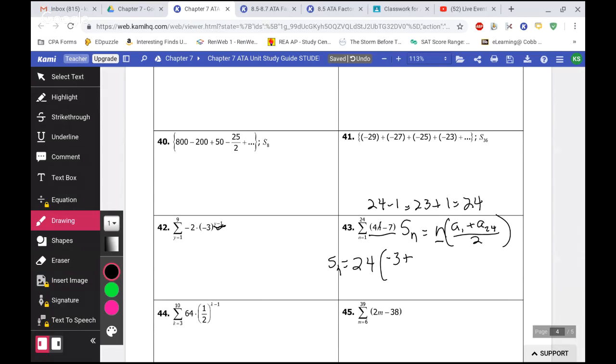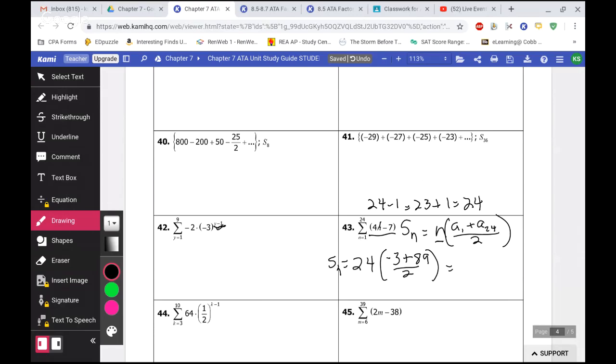Thank you for being my calculator, sweet girl. I need that help. Okay, 89 minus 3 is 86. Divided by 2 is 23. Times 24. 552.